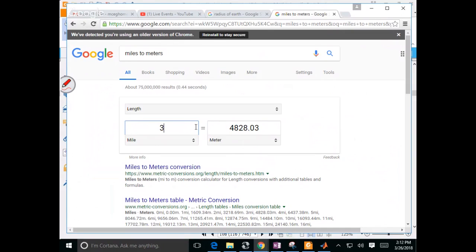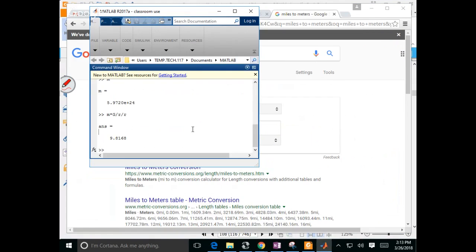Pikes Peak is almost 3 miles from sea level. It's 14,000, I think 15,000 feet. So it's about 3 miles. So let's say 4,800 meters. What is G up there?